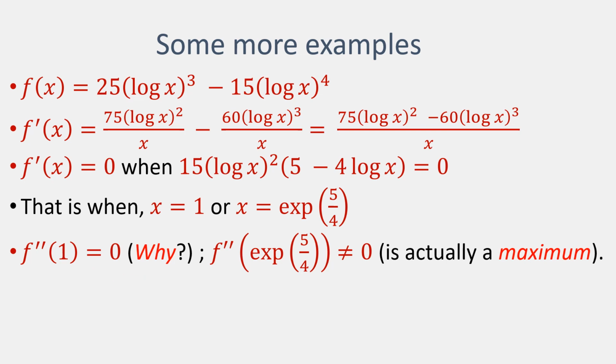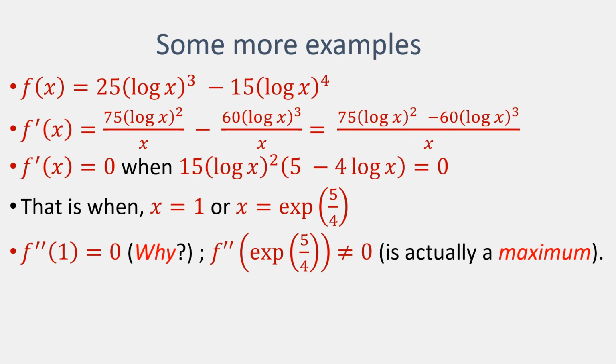All right. What about the other critical point? I'm not giving the other horrible looking expression for the second derivative of this function, but it turns out the second derivative of this function on this particular critical point is not 0. In fact, it turns out to be negative.